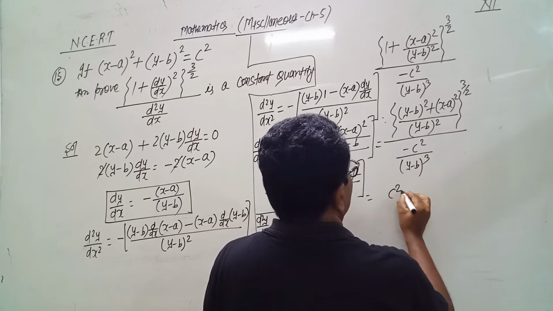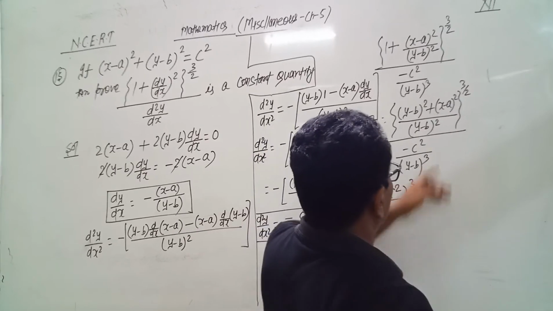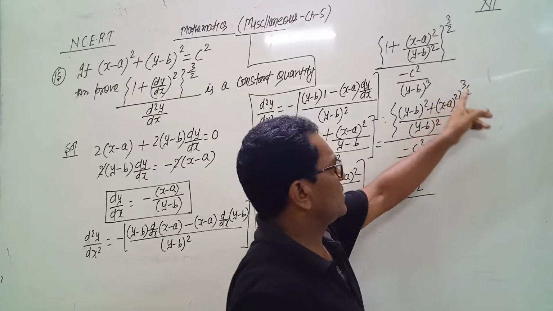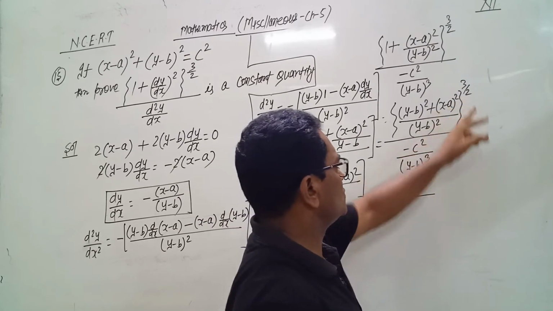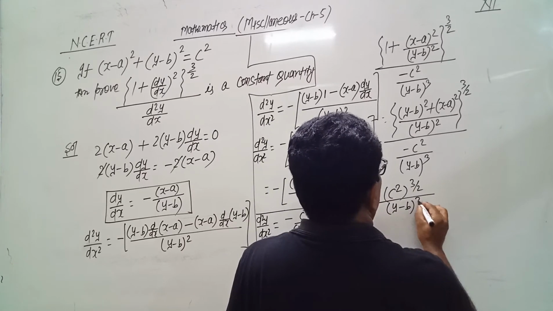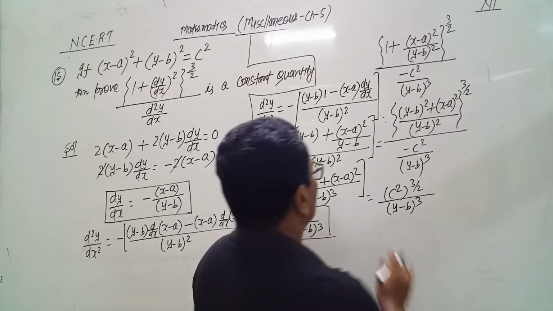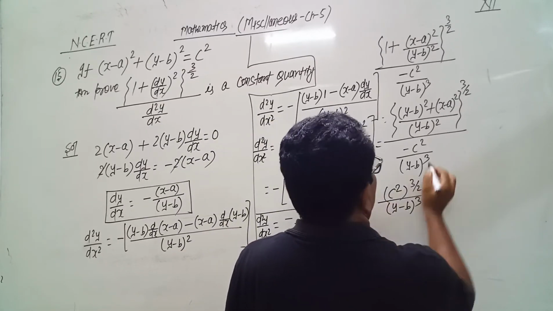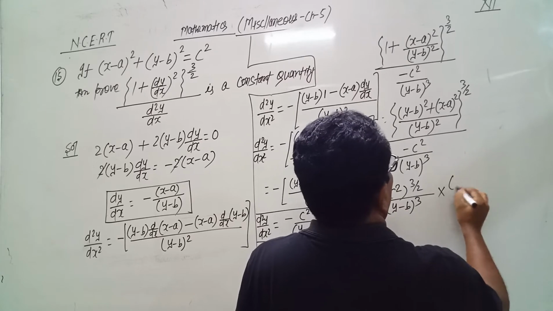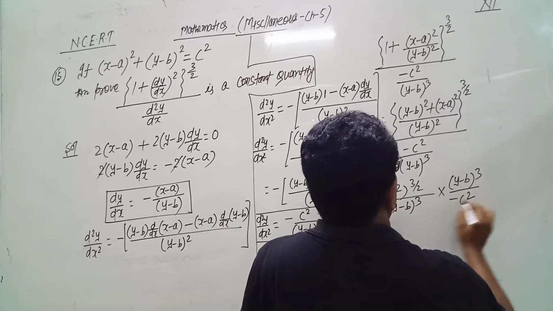So we get c square raised to the power 3 by 2 upon (y minus b) square whole raised to the power 3 by 2. 2 and 2 get cancelled and it comes (y minus b) the whole cube, and this will be written in the multiple form. So it comes to be into (y minus b) the whole cube upon minus c square.